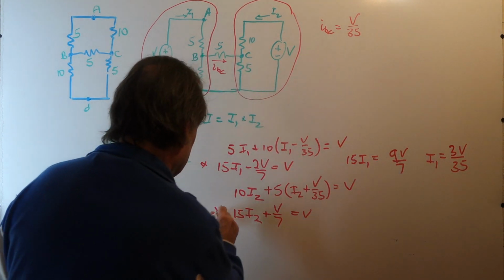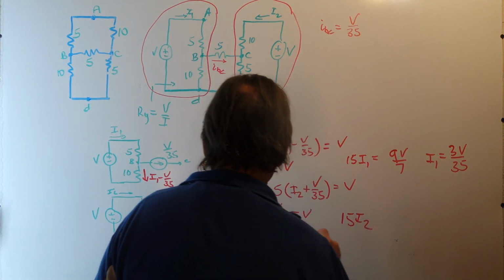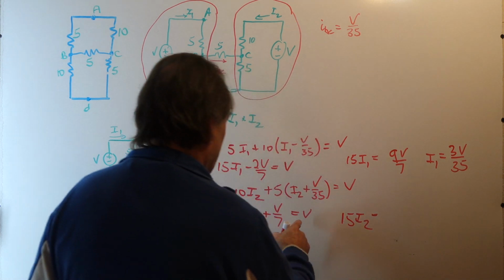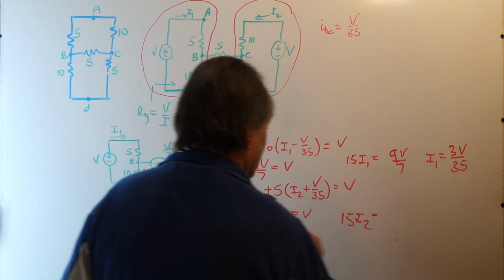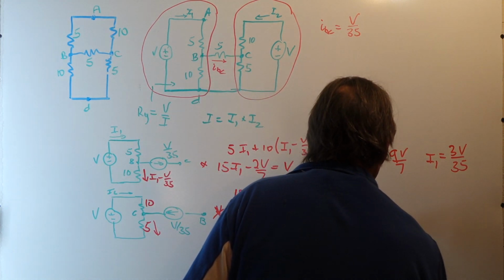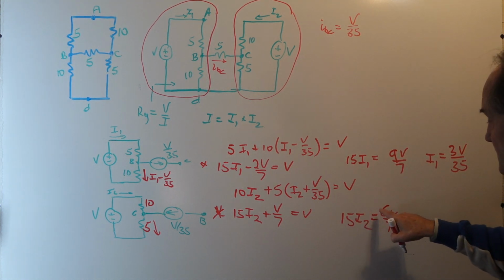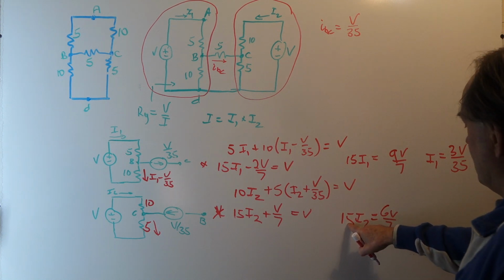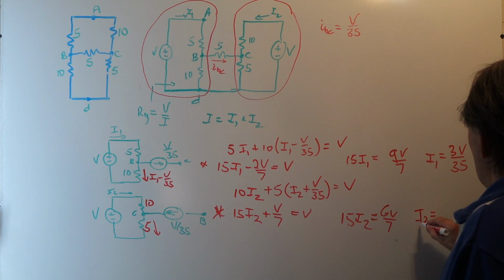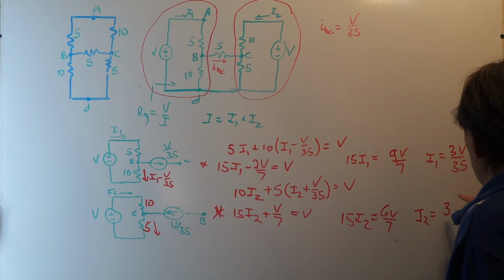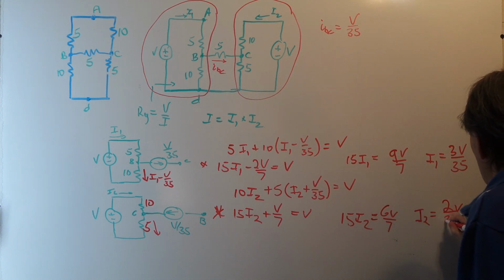On this equation, similarly, I have 15 I2 is equal to, I have 7V over 7 here, and then we're going to subtract the V over 7. So this is equal to 6V over 7. Again, I have a common factor of 3 on each side. So if I divide 3 here, I get 5, and I divide 3 here, I get 2. So my I2 then becomes 2V over 35.